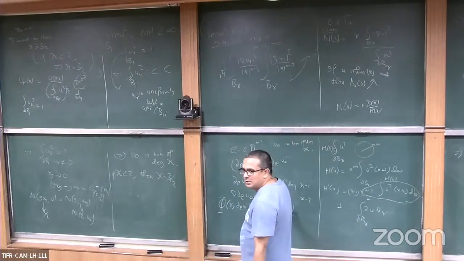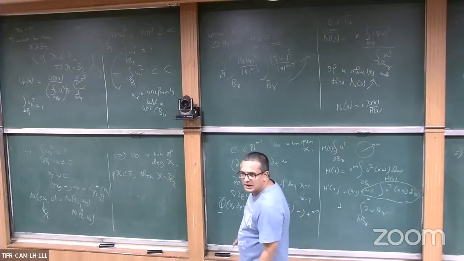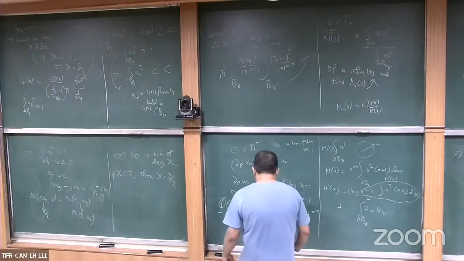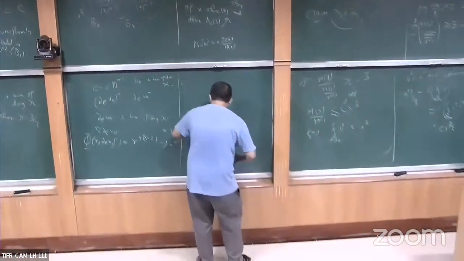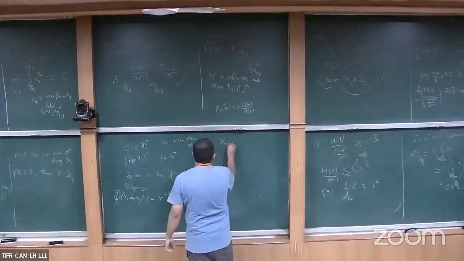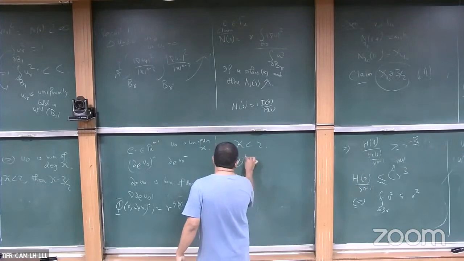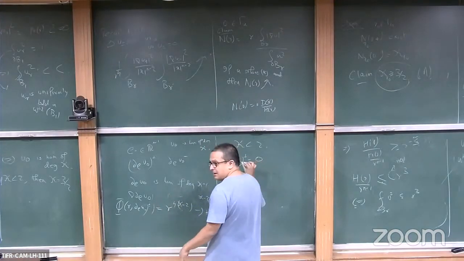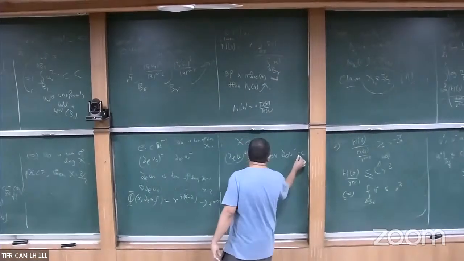Now if kappa is less than 2, this goes to plus infinity, so this quantity cannot be monotone. Therefore, if kappa is less than 2, then it has to happen that ∂_e u+ is identically equal to 0, or ∂_e u- is identically equal to 0.